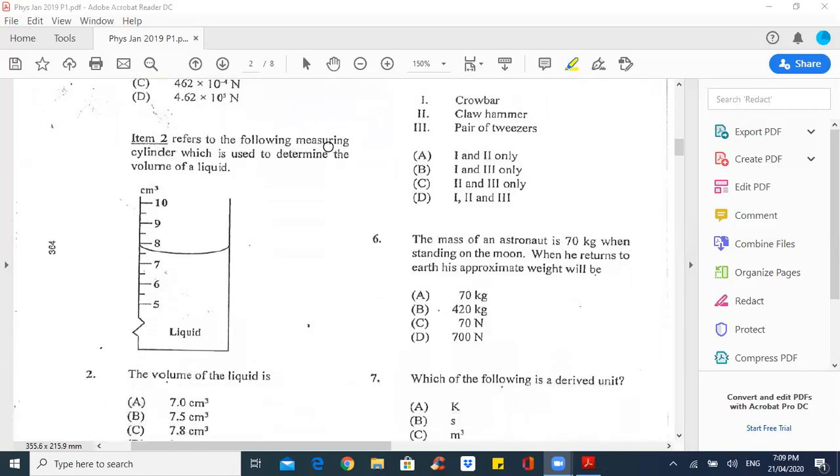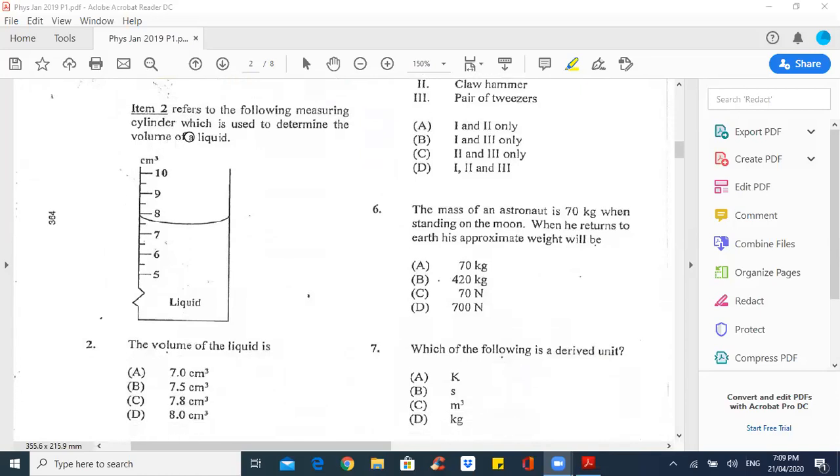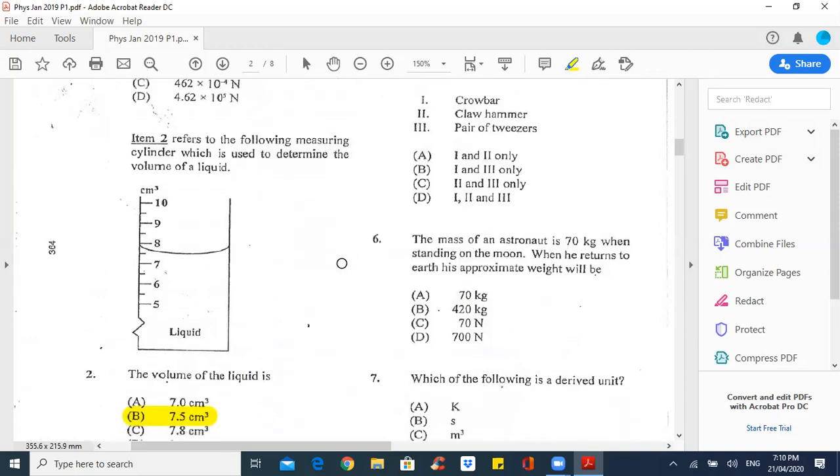Item 2 refers to the following measurement cylinder, which is used to determine the volume of the liquid. So the volume of the liquid is at this point here. Good, which is halfway, so it's 7.5. So your answer should be 7.5, which is B. Then we go on to number 3.